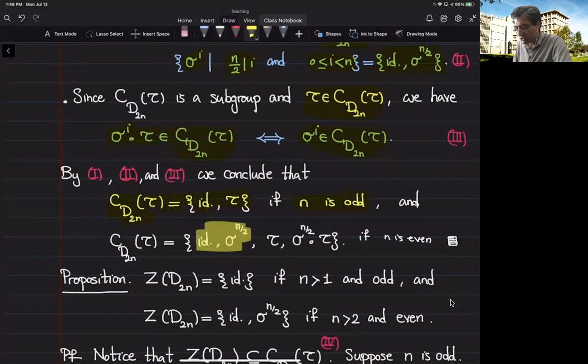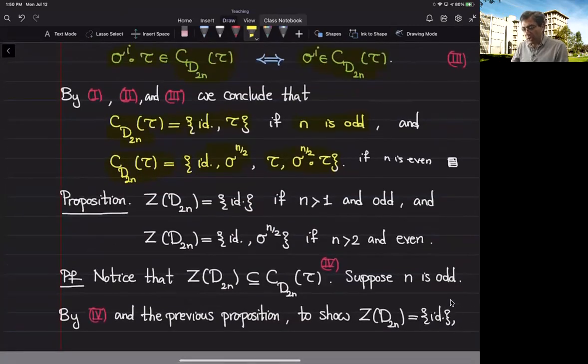This comes from intersection by powers of sigma. Then I can multiply them by tau, and I get these four elements inside this centralizer. So altogether, we understood the centralizer of tau. Now let's try to understand the center of the dihedral group, and that would be the last example that we have for this video.